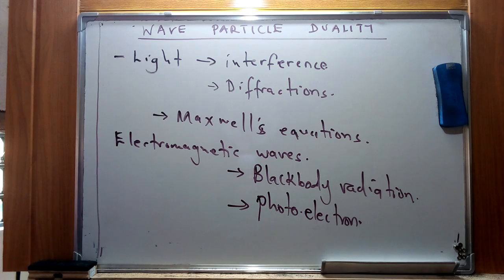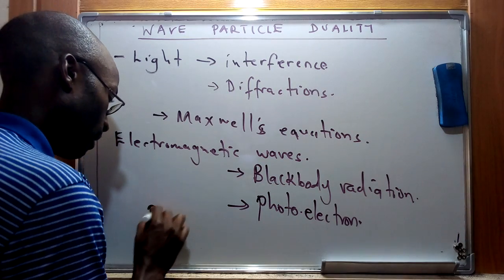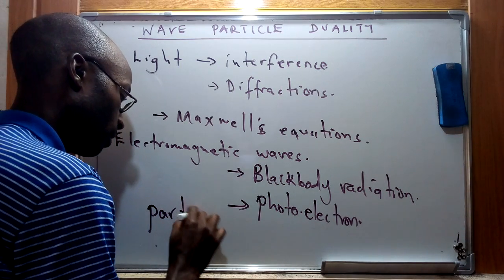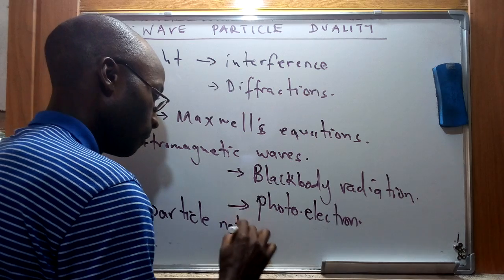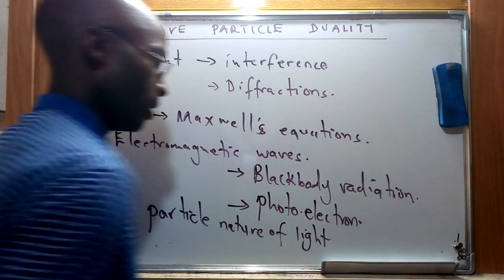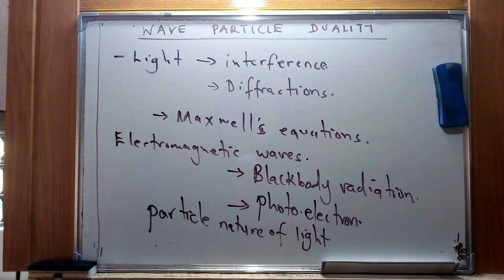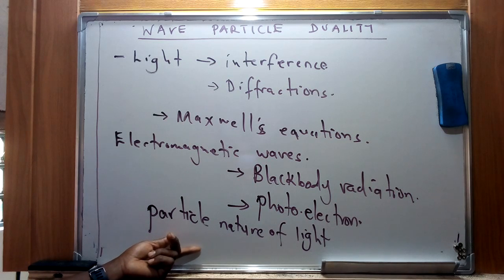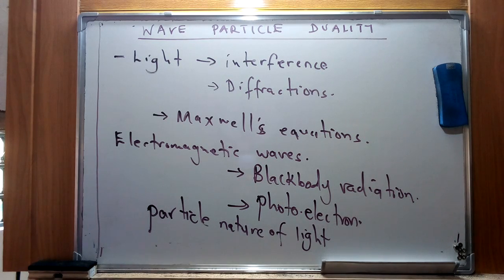And this assisted in describing what we refer to as the particle nature of light, whereby in the photoelectric effect we see that light has some aspects of momentum, which in classical physics describes the characteristic of particles.